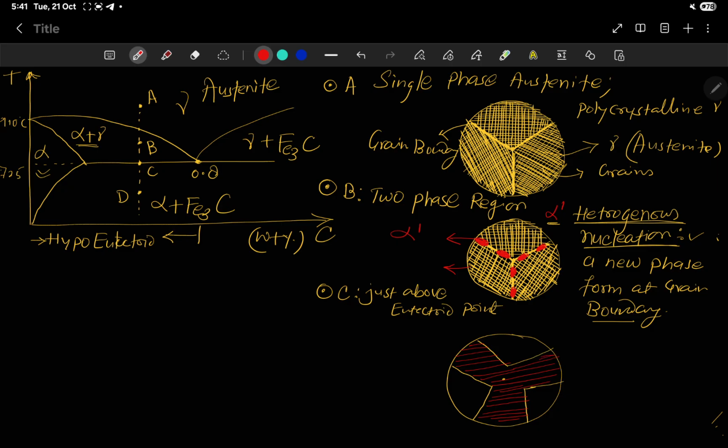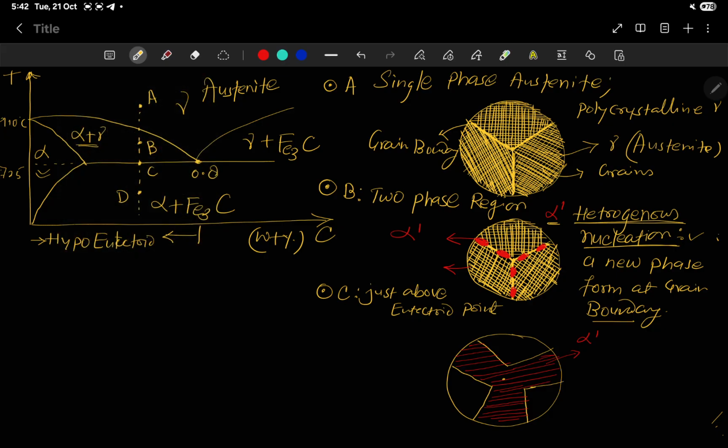Okay, so at point B nucleation has just started, and at point C this nucleation has grown bigger at the grain boundary region, right? So this is called alpha dash.